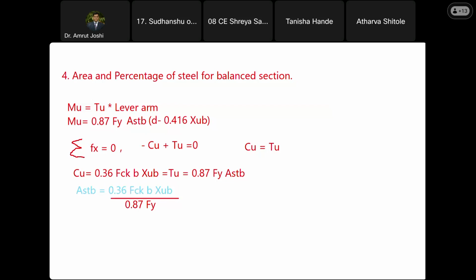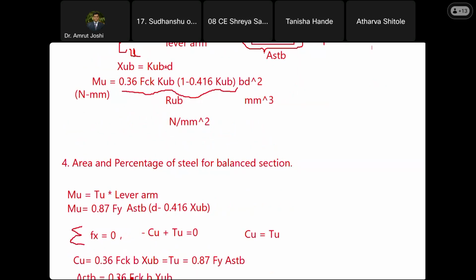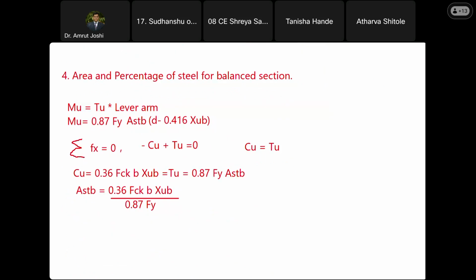Are you able to understand this? So this is the expression for area of steel required to make this section balanced. Now, here lies a factor XUB, the position of neutral axis for balance section, on the right hand side. Now, what should I do? I should replace that XUB by neutral axis factor KUB multiplied by D, isn't it?